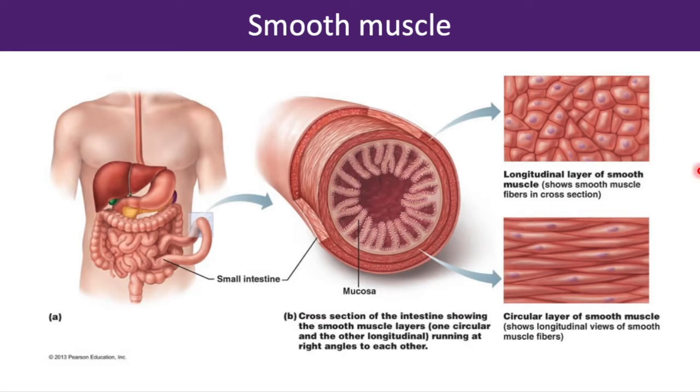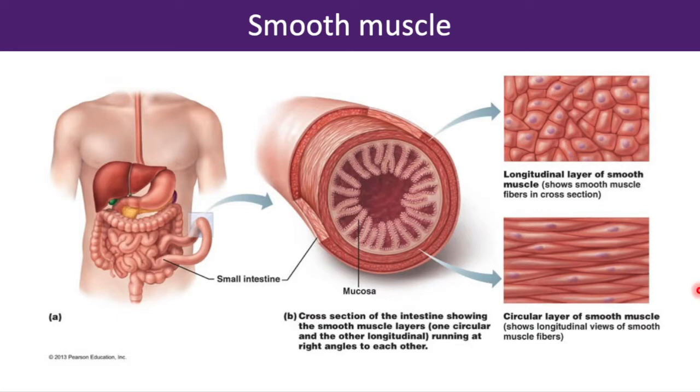The circular layer allows the gut to contract as well as to break large food particles apart. The circular layer also stops food from moving in the wrong direction by blocking the more proximal end. So the two smooth muscle layers work together to propel food from the proximal end to the distal end.